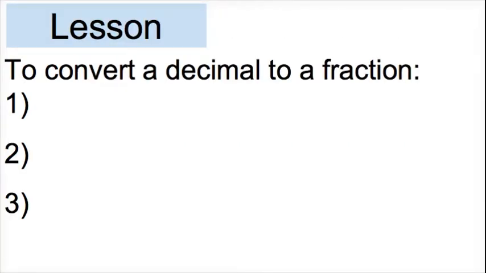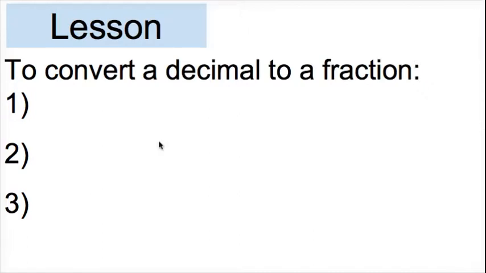So we've got some steps to go through. To convert a decimal to a fraction, what are we going to do? We'll go through these steps together. You may already know what to do. If you feel like you do, let's see if you are correct. All right, step 1.